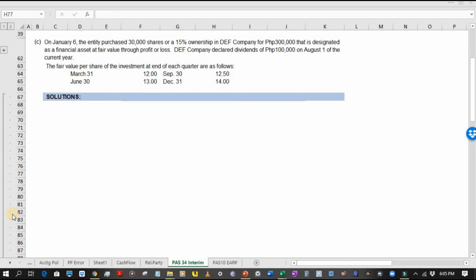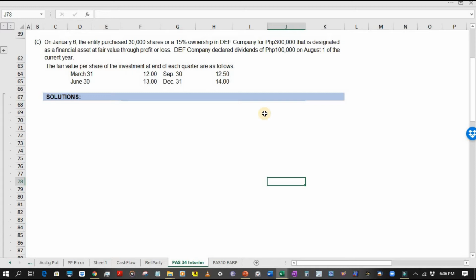Then the other one is the dividend income. The dividend income is the type of revenue that can be classified as seasonal, cyclical, or occasional revenue because this type of revenue is not recognized on a regular basis, like on a monthly basis, just like sales. So dividend income is only recognized if the investee declared dividends.